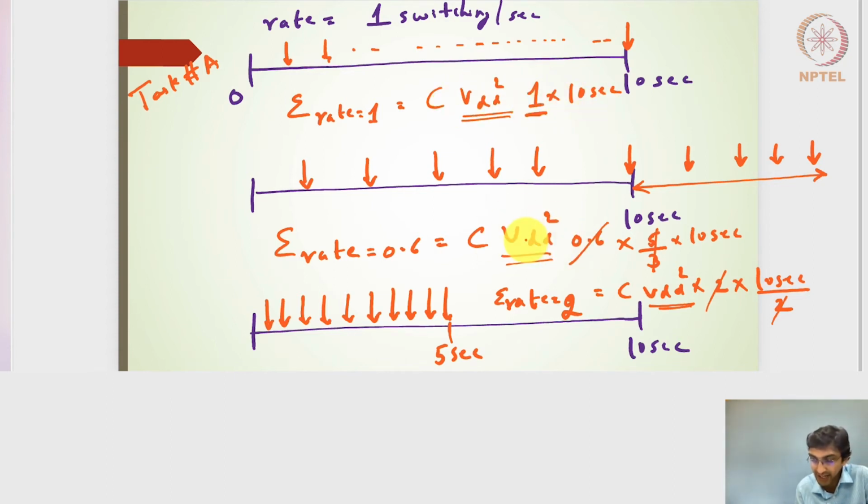But here, the rate is now changed to 0.6, and if the VDD is also changed to 0.6, I'm actually getting 80% of the benefits in energy compared to the first case. Similarly, if the rate is 2 times, then I'll have a 2 VDD square, and it's going to have more energy than whatever is seen here.